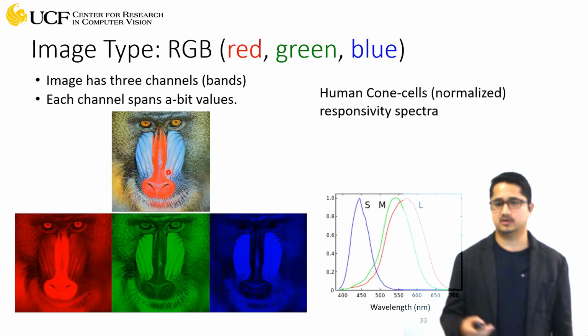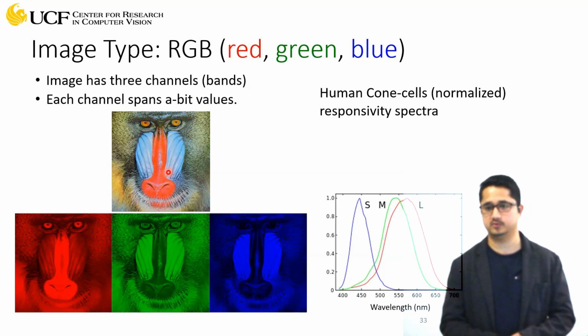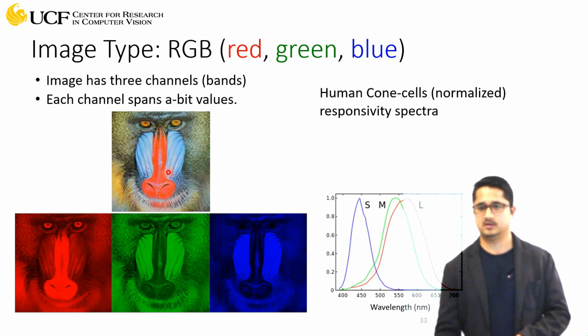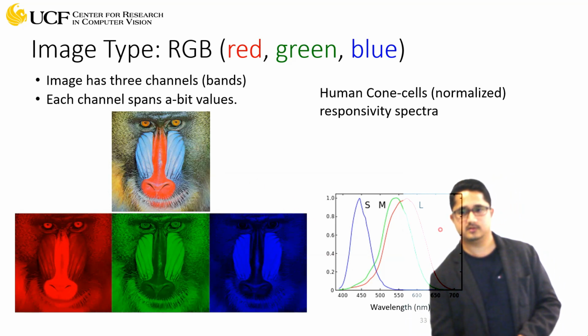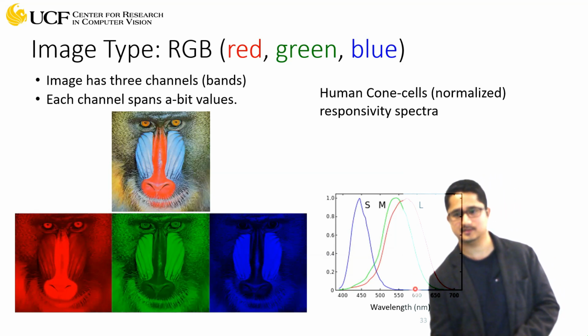Okay, so let's try to understand in a little more detail how these RGB channels work for us as humans. We have these cone cells, and these cone cells correspond to either red, green, or blue. I will talk a little more about this in the next slide.